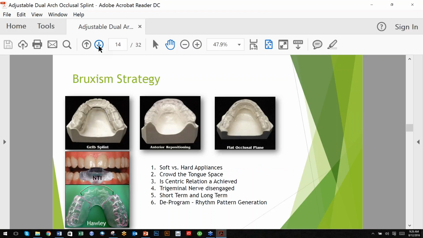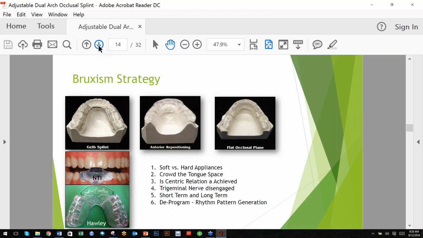Okay, so let's talk about guards, bruxism guards. There's a number of strategies here. There's pain relief. There's do you believe in soft appliances or hard appliances? I think the more popular category right now is hard appliances. Soft appliances have pros, but they probably have more cons than pros, from the popular consensus.